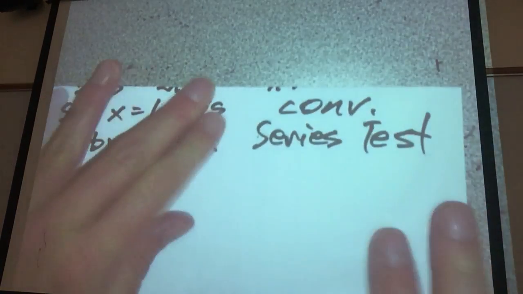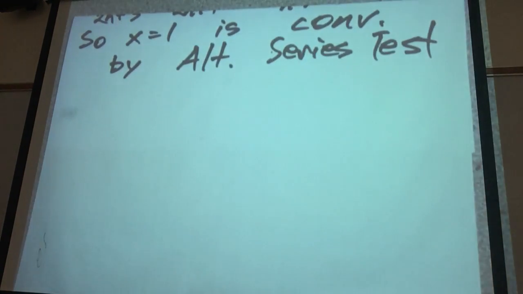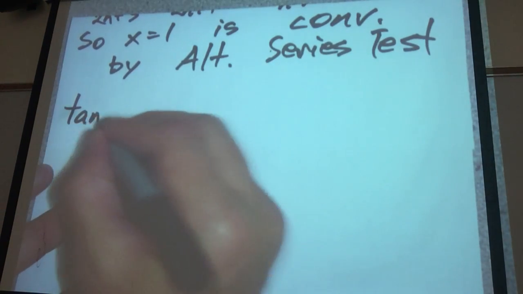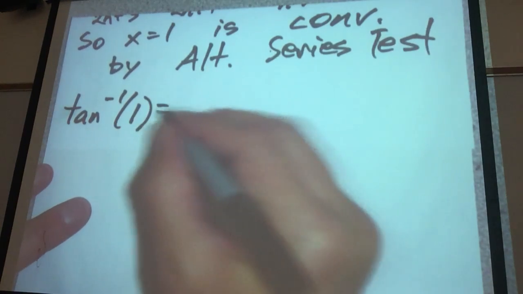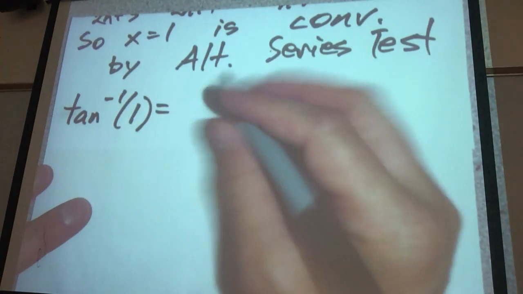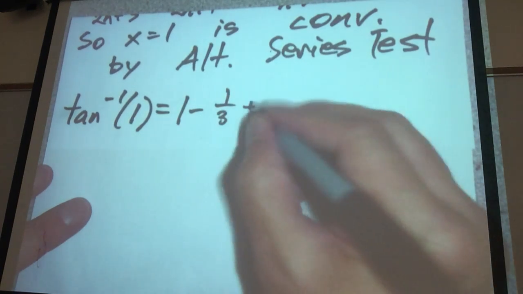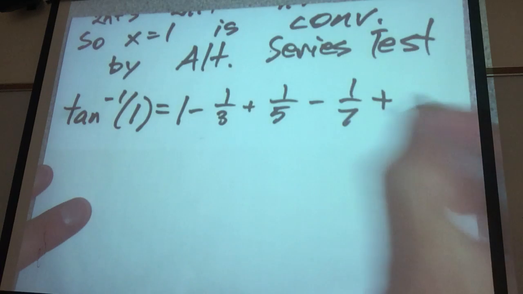Tangent inverse of 1 will equal, if I plug 1 into this, 1 minus 1 divided by 3 plus 1 divided by 5 minus 1 divided by 7 plus dot, dot, dot.